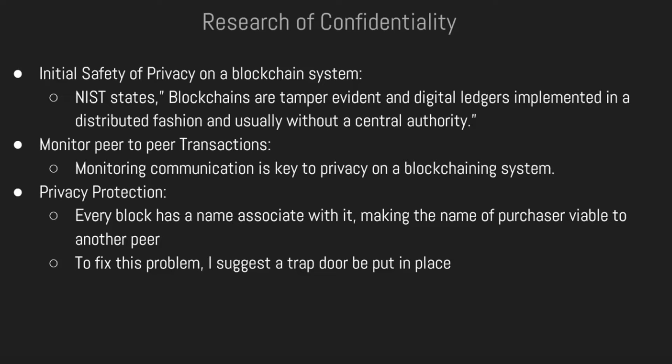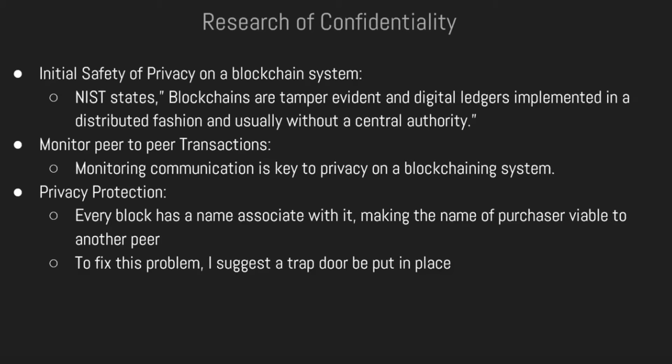And then, moving into what research we found on confidentiality. To quote the National Institute of Standards and Technology, blockchains are tamper-evident and resilient digital ledgers implemented in a distributed fashion and usually without a central authority. This is then an enforcement of privacy, which can be described as security or confidentiality.